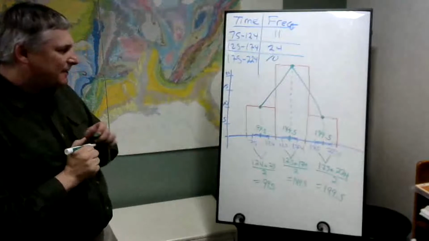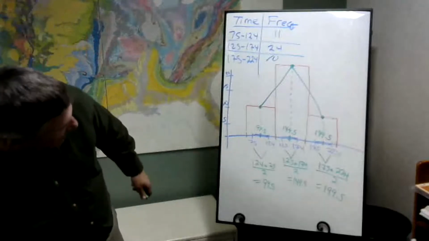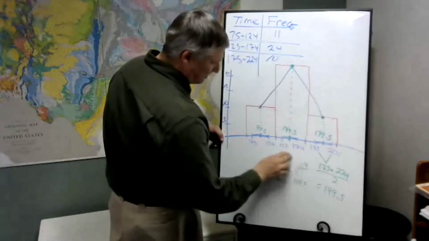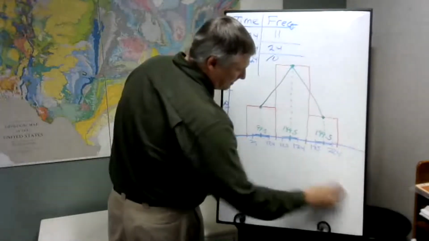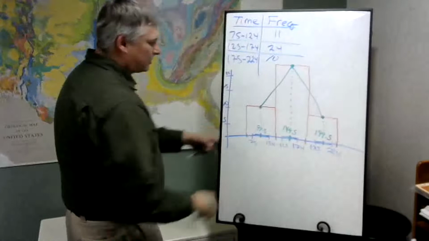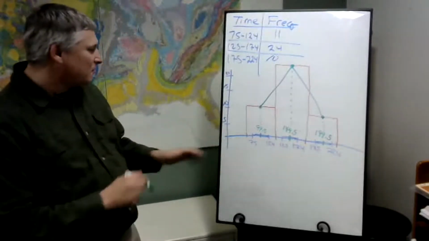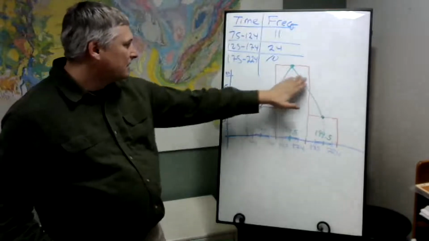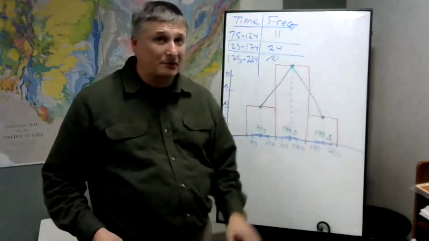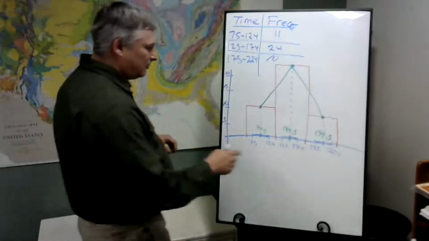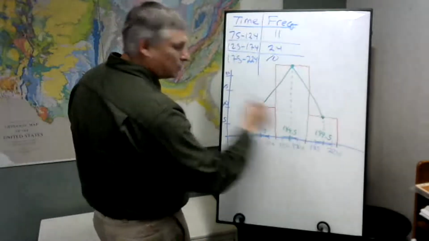Now, to make this a polygon, what we're going to do is, sorry, we're not quite that far yet. We need to have these lines connect to the horizontal axis. And so what the author notes is this. We take the distance between the midpoints.